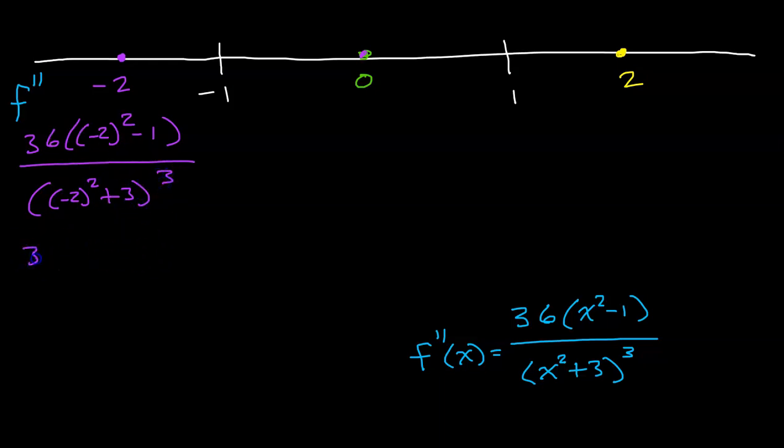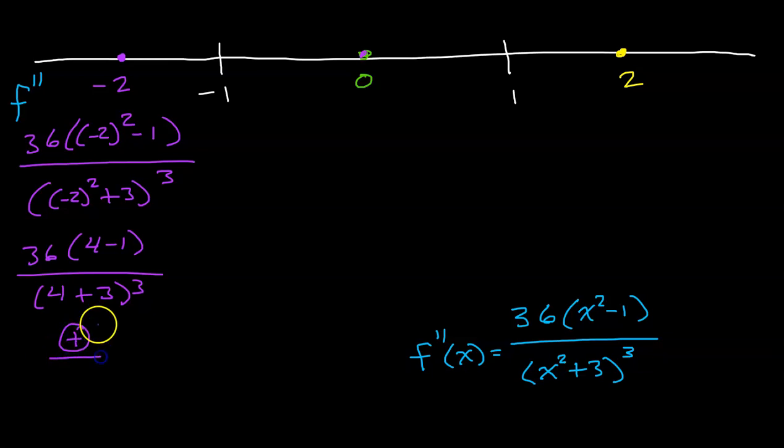All right, so that'll be 36 times (4 minus 1) over (4 plus 3) cubed. So obviously, 4 minus 1 is 3. So in the numerator, it's going to be a positive result. And in the denominator, it's going to also be a positive result. So a positive divided by a positive is a positive.